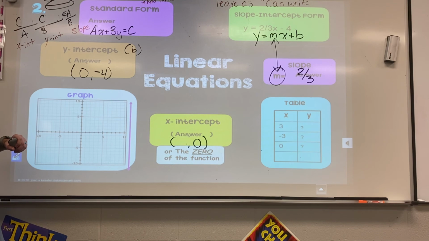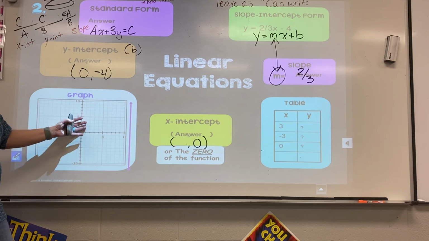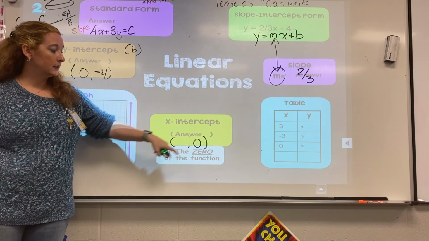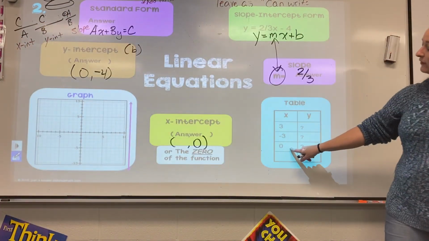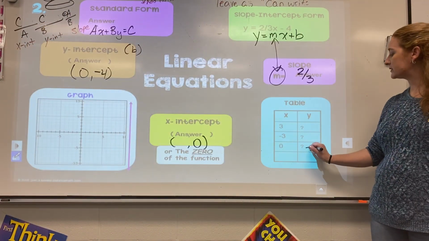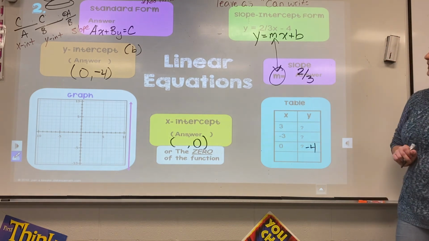Now that I have that information, where do I go from here? Well, a couple of things. I've got a point and my slope. I can graph it and count my slope and get my x-intercept that way. I can fill in my table. I know if x equals 0, y is negative 4. So I've got that information.